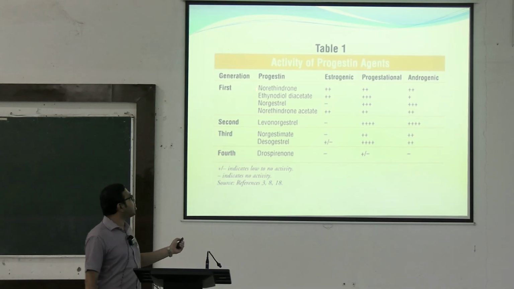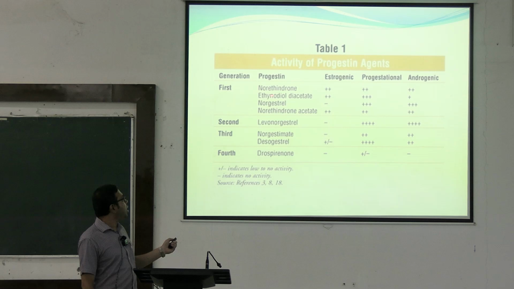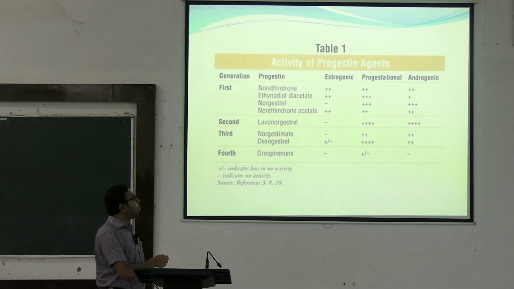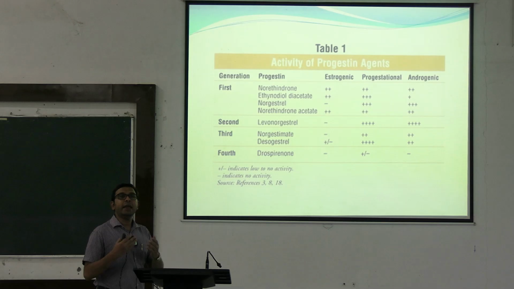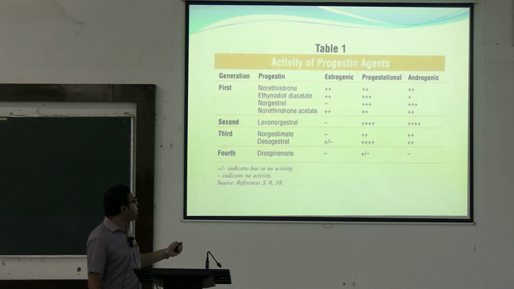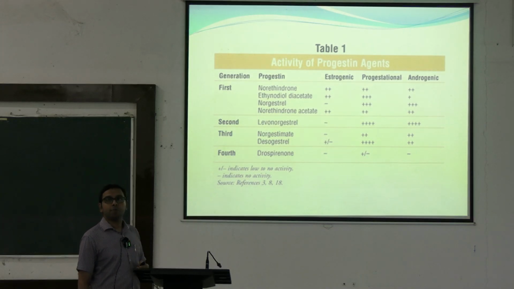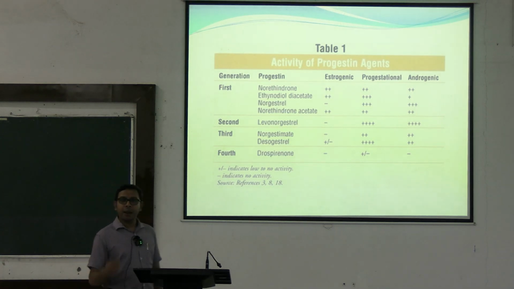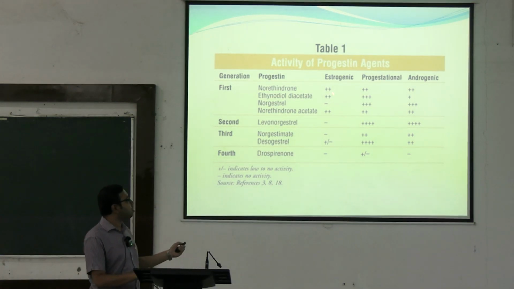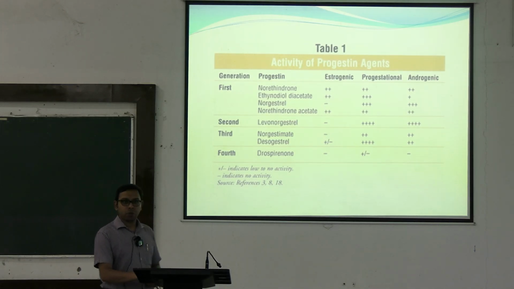For example, the first generation, like norethindrone, ethynodiol, and norgestimate, have more estrogenic activity in comparison to the later generations of progestins. So you can see they have estrogenic activity, albeit less, but some. They have high progestational activity and they have some androgenic activity also.